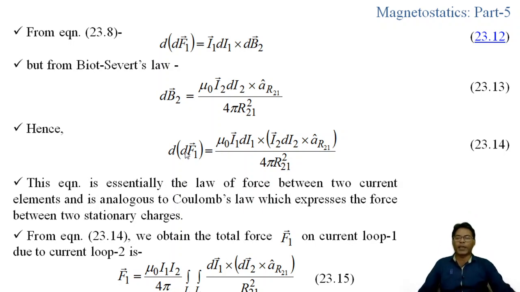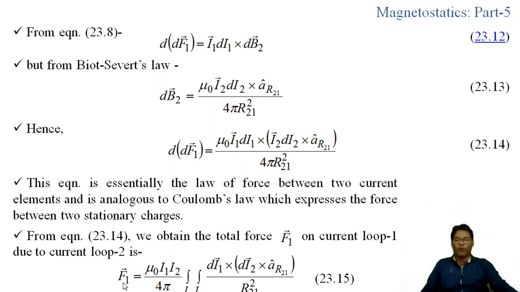Now if we take the double integration of equation 23.14, we have F1 equals, here mu naught is a constant, and the currents I1 and I2 are also constants. So taking I1, I2 outside the integration, divided by 4 pi, which is also constant, the double line integral of dl1 cross dl2 cross aR21 by R21 squared.